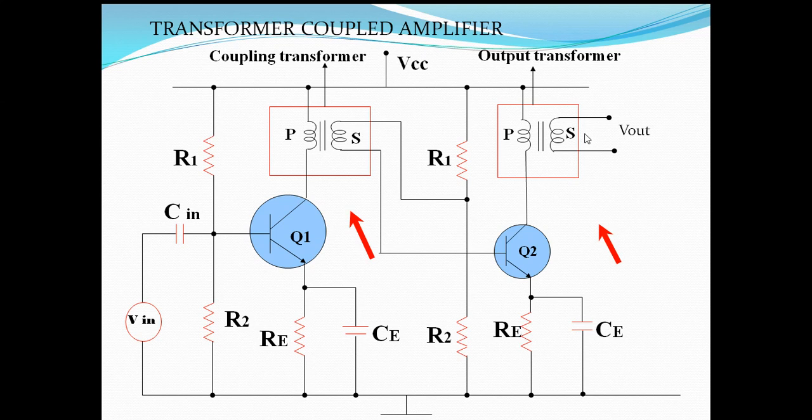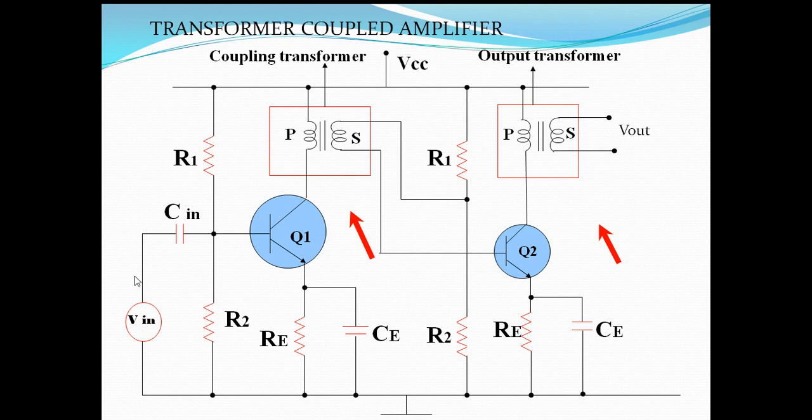Similarly, the second stage is also the same. The connection is the same. Since we are taking two stages only, across the secondary winding of the second stage, we can measure the output voltage. Now here no need to explain each and every component, but of course I will explain in brief.